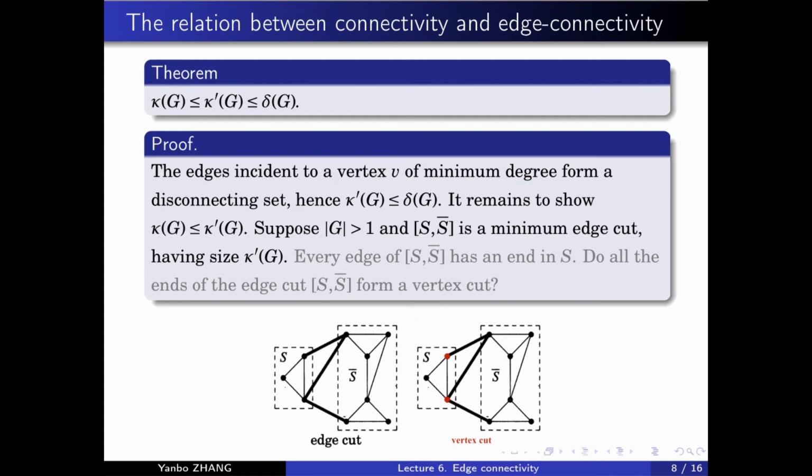The answer is correct most of the time, but sometimes it is wrong, because sometimes every vertex of S is an end of some edge in the edge cut. Then deleting the ends means deleting all the vertices of S. In this case, the whole S was deleted, while the remaining graph is still connected.